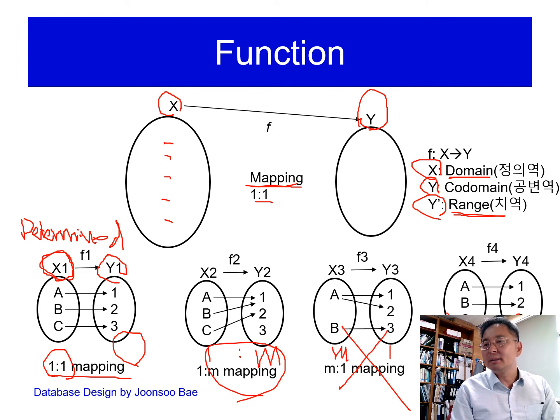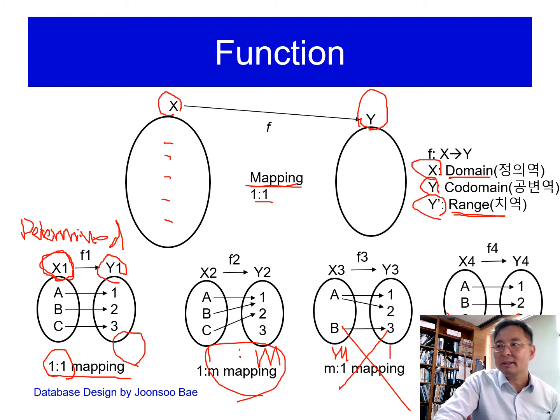If it is a 1-to-1 mapping or 1-to-M mapping, it is a function. But if it is M-to-1 or no mapping, it is not a function. So that's the basic concept of functions in this chapter.